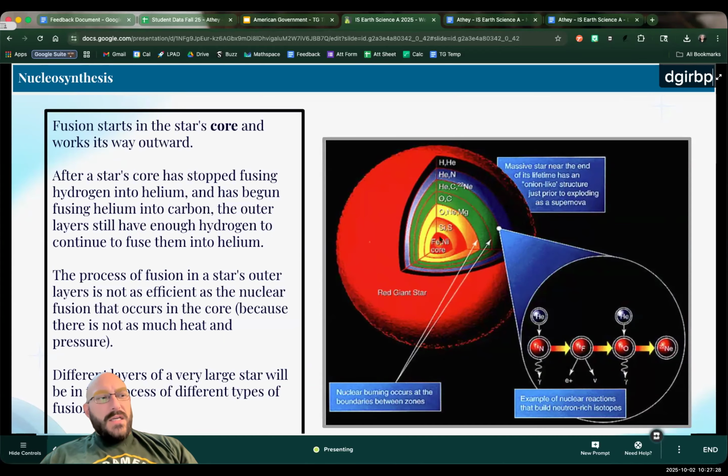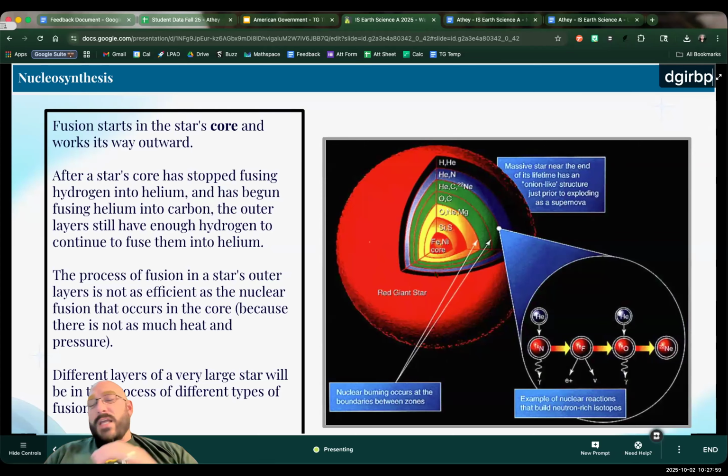As you can see here, as stars get bigger, they fuse together smaller atoms towards their outside. A star like our sun is fusing hydrogen and making helium in the core. But when it runs out of hydrogen, it's going to expand into a red giant star, and then it will be fusing bigger elements in its core.